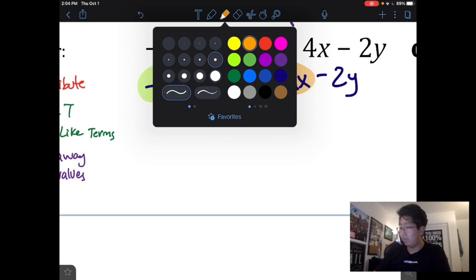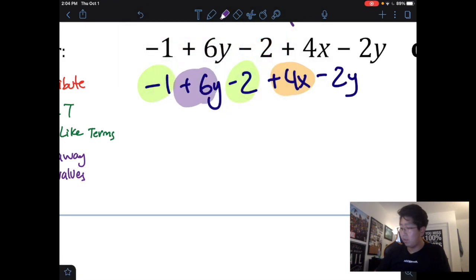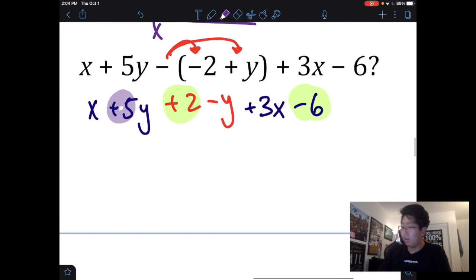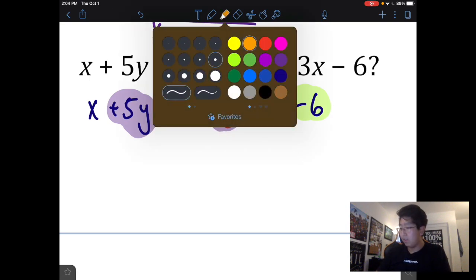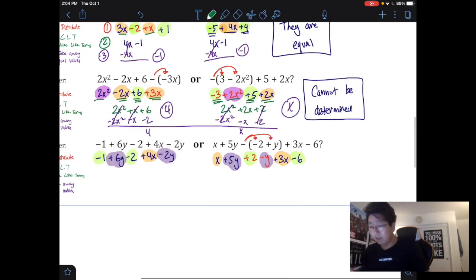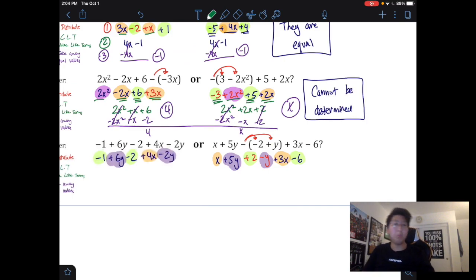No. 6y. Are there any more y's? Yes, minus 2y. Let's go back to over here. 5y. Are there any more y's? Yeah, minus y. And x plus 3x. All right. If you need to pause, you can always pause.